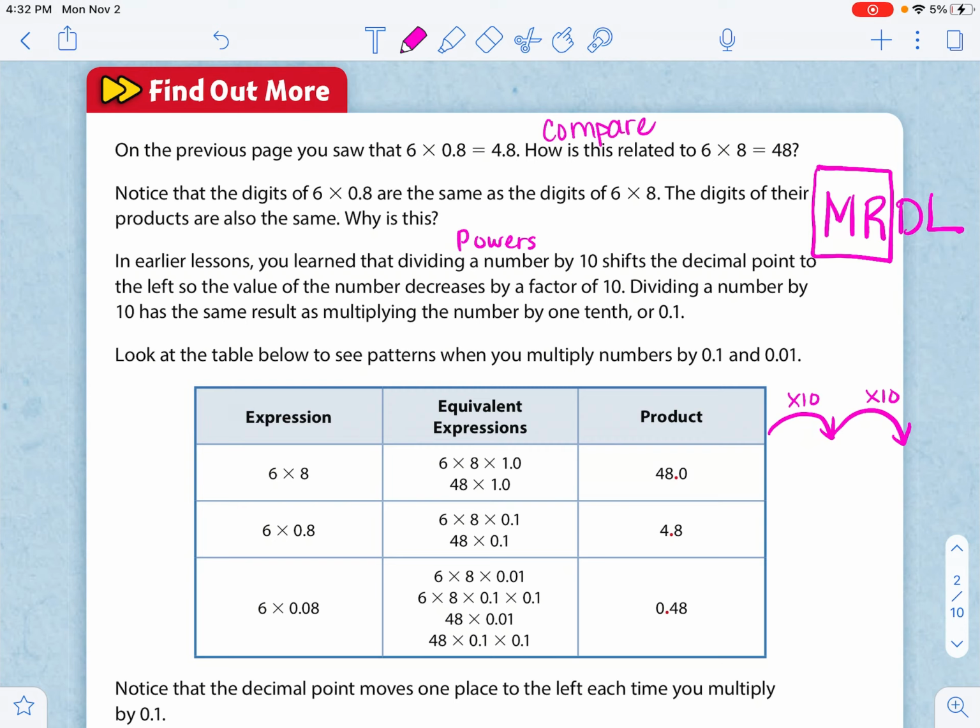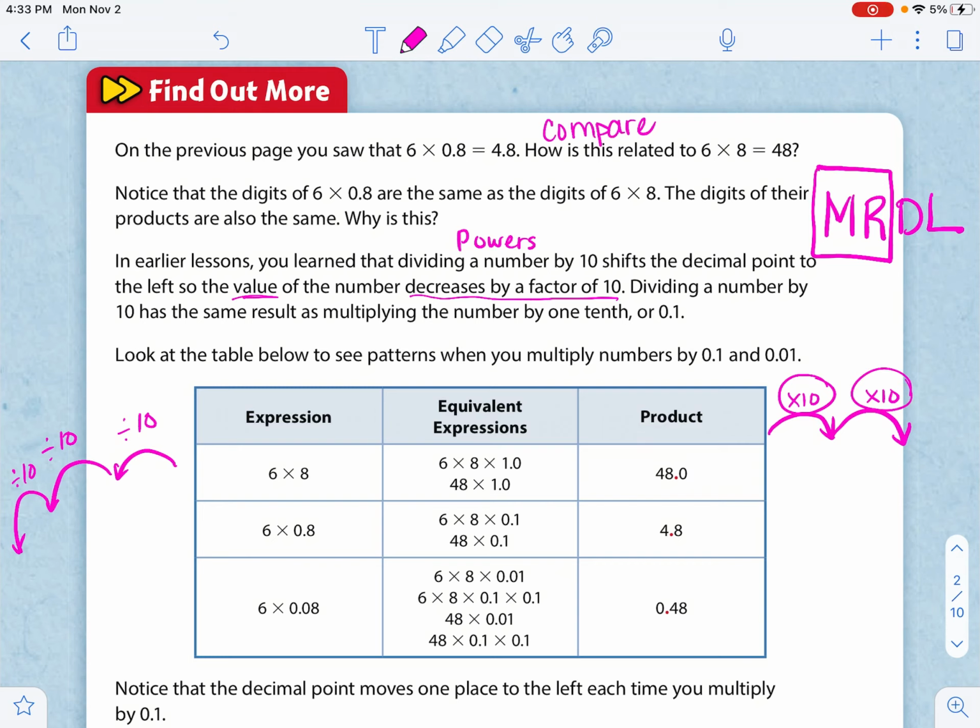So the number itself, what it's worth, is getting smaller by 10 every single time. Because remember, when we divide, we're cutting it up. Each place value is worth 10. When we go backwards, it's getting smaller by 10, and when we go forward, it's getting bigger by 10.